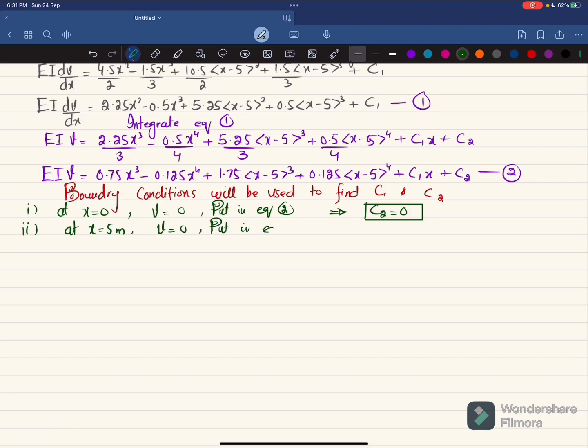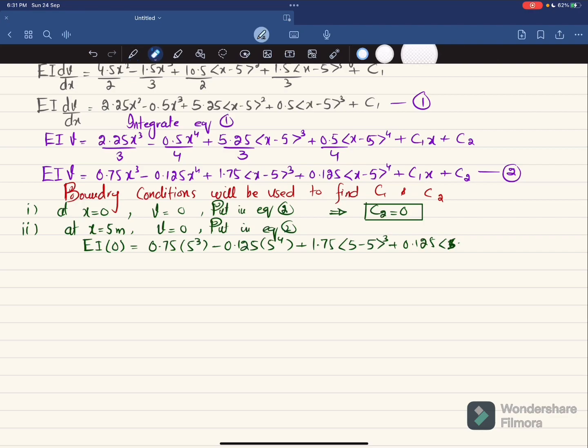When you put it, you will get E into I multiplied by 0 will be equal to 0.75 into 5 cube minus 0.125 into 5 power 4 plus 1.75 into 5 minus 5 power 3 plus 0.125 into 5 minus 5 power 4 plus C1 into 5 and C2 is equal to 0.